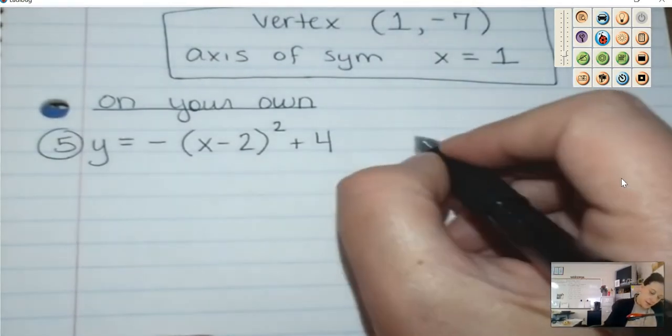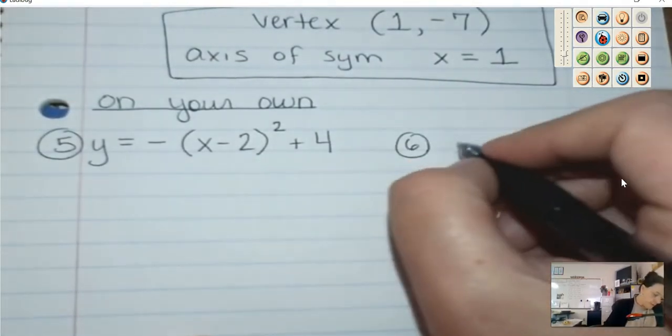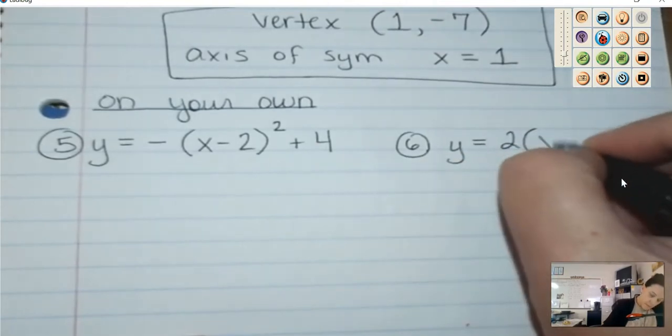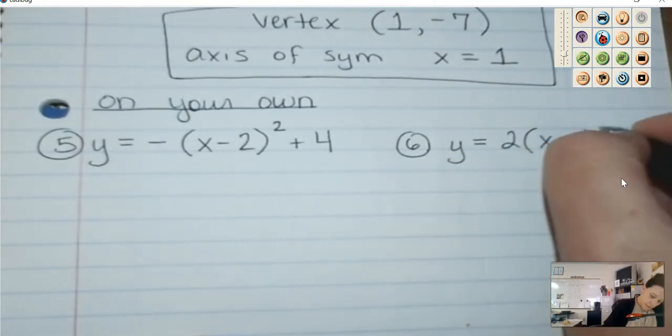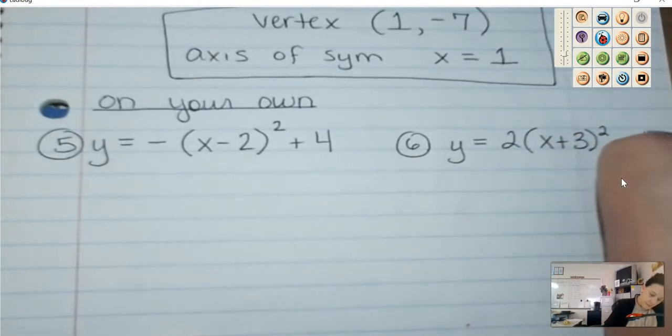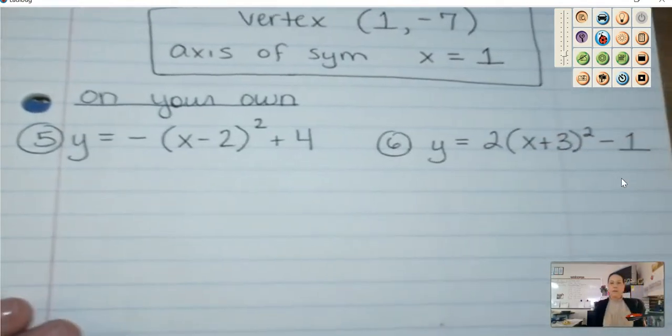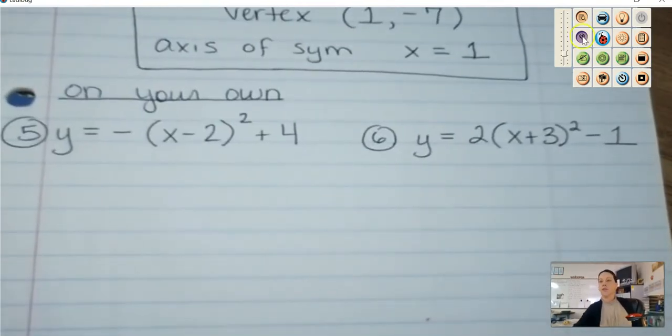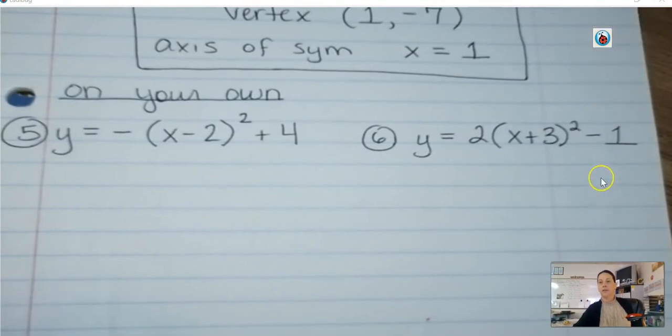And when you're done with that one, I'll have number 6 up here too. So find the vertex and the axis of symmetry. You do not have to graph it unless you want to.